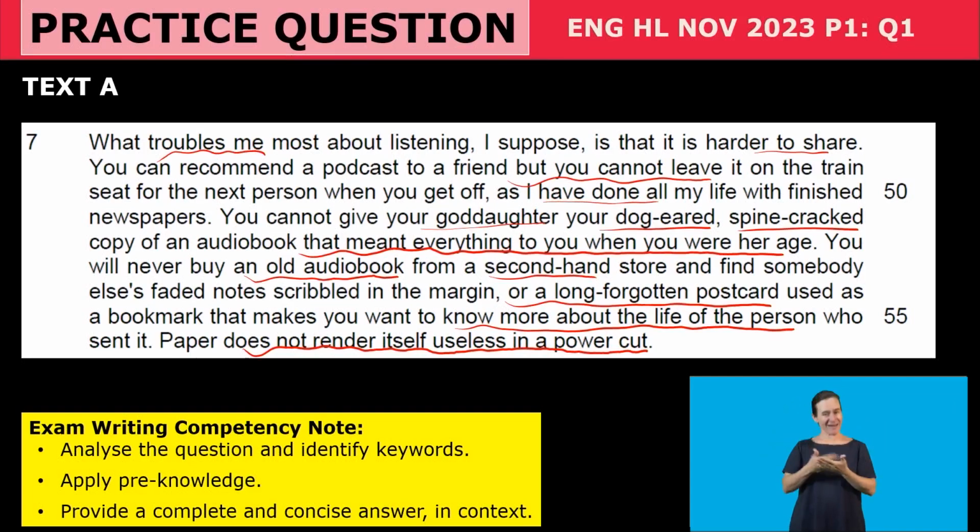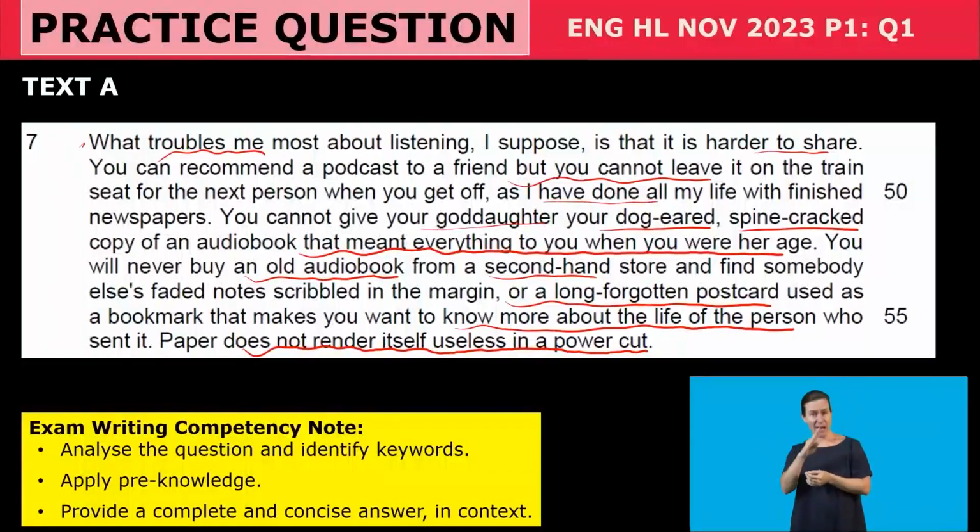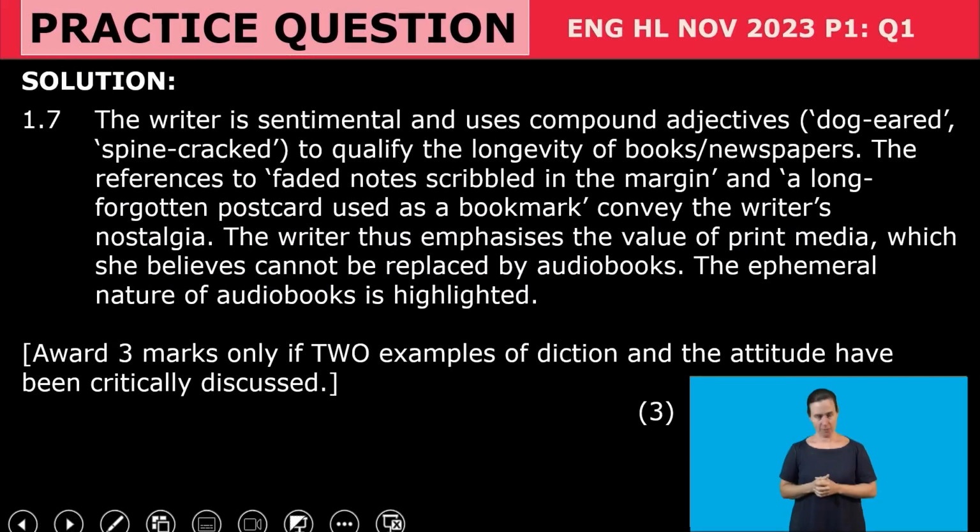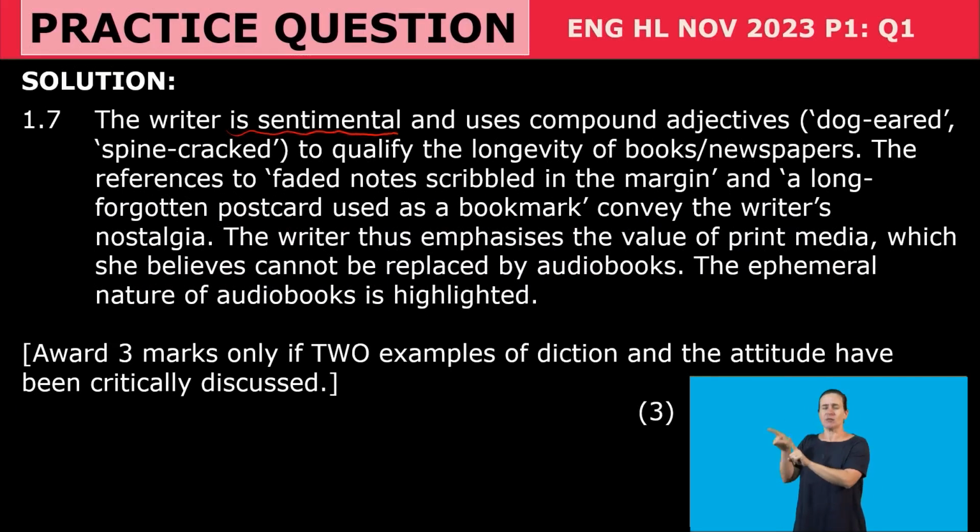Remember, we are looking for the author's attitude, the writer's attitude towards print media. So although it starts with troubles, how does she feel about print media? That is where your focus should be. So we definitely get the idea that the writer is sentimental, maybe even nostalgic about print media.